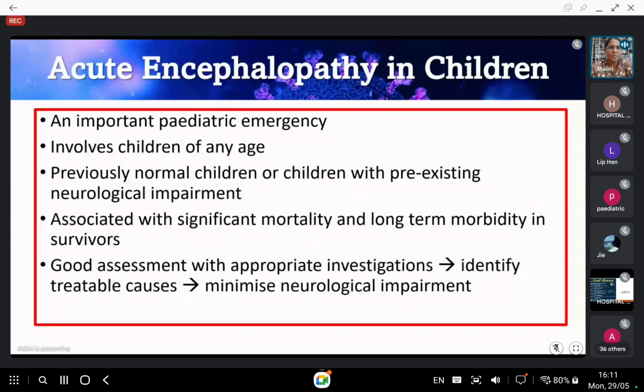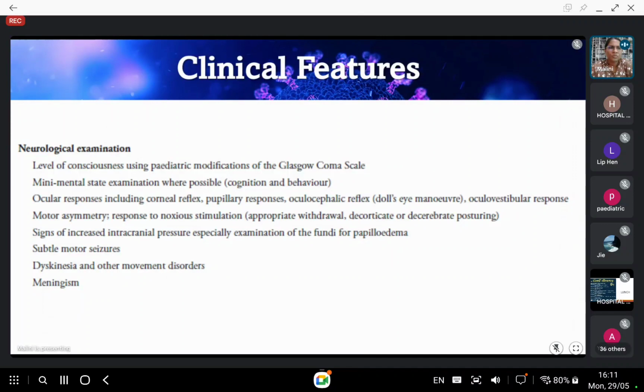It is a very important pediatric emergency, and it can involve children of all ages, so we need to manage appropriately. A neurological examination should be done in all children with suspected encephalitis. I'm not going to go into depth.